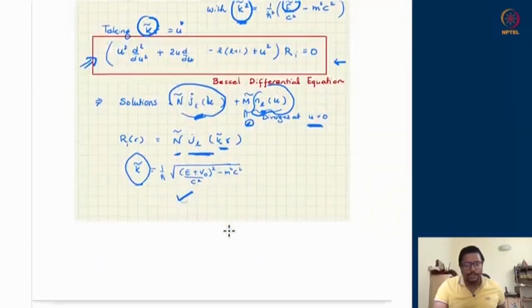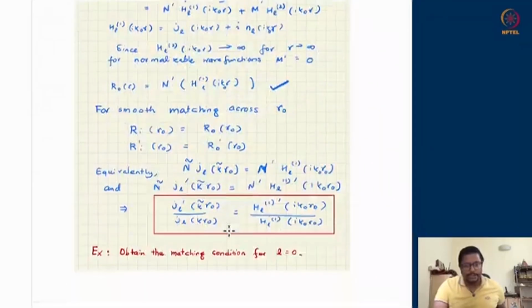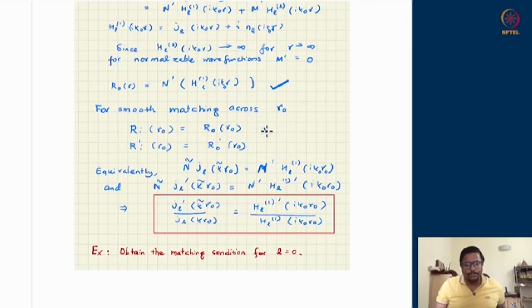So these two conditions can be written together as: the wave function's radial component should match. YL in theta phi anyway is going to match because we are not doing anything to them that is not common to both sides. So the radial part should match, and its derivative, where prime is the derivative with respect to R. Equivalently, the JL part inside with normalization n tilde, and the HL part outside with normalization n prime, should match, and their derivatives should match.